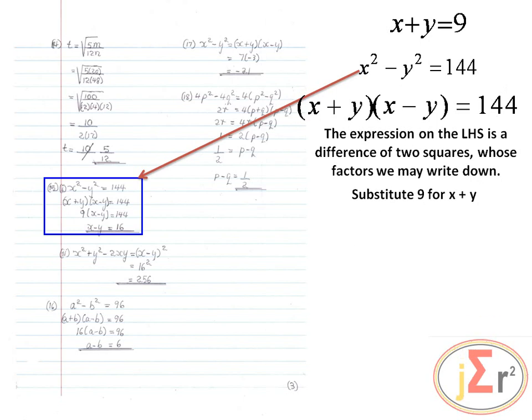Now that we have those factors, we may make our substitution, substituting 9 for x plus y. So where we see x plus y, we replace that with 9.